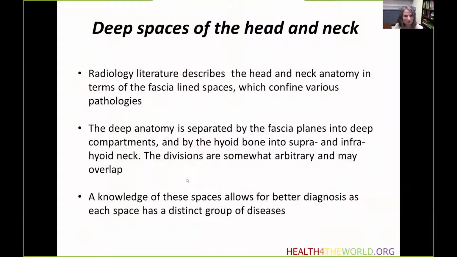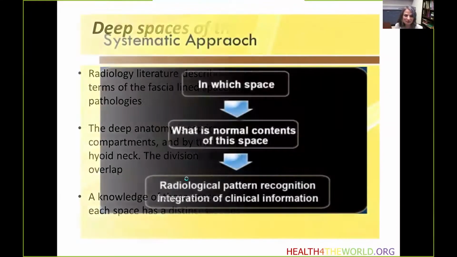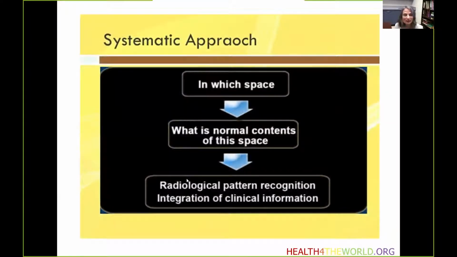Knowledge of these spaces is very important for better diagnosis, as each space will contain a very distinct group of diseases. We have to have a systematic approach when we are looking at the soft tissue of the neck, whether it's CT or MR or any other modality. First, we have to determine in which space a particular lesion is located.